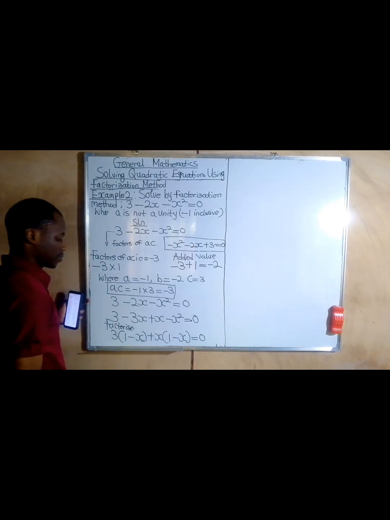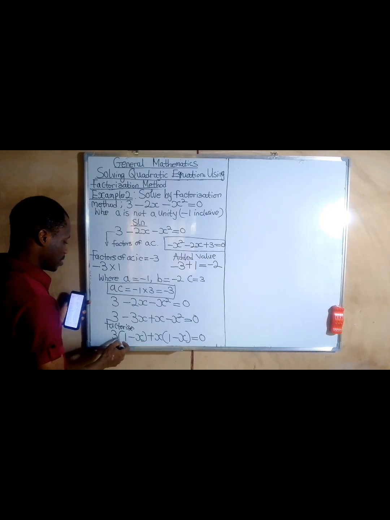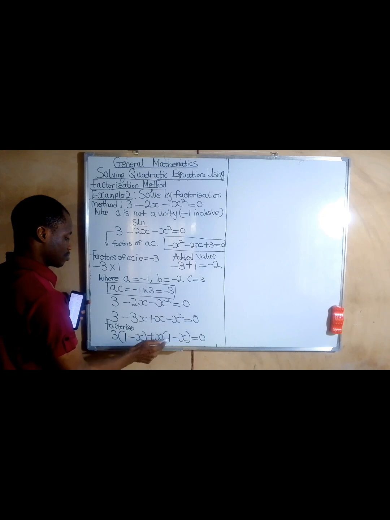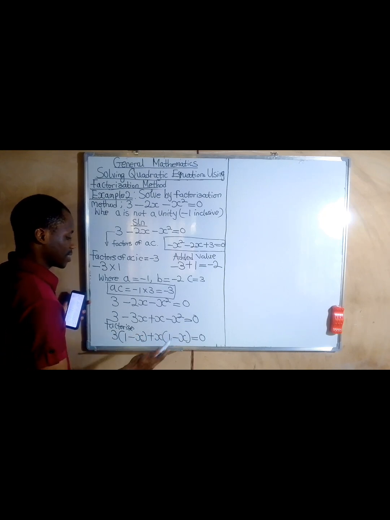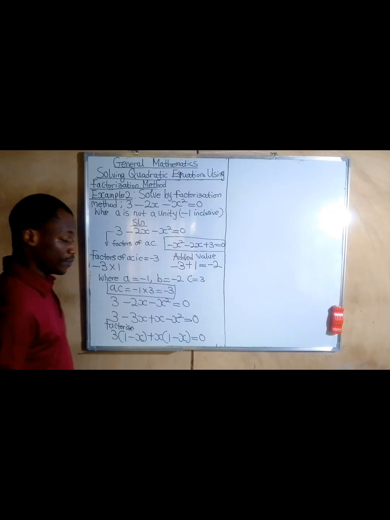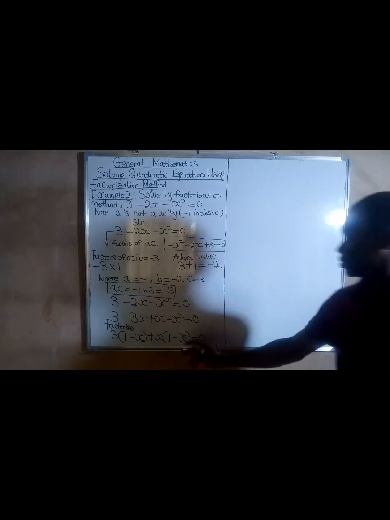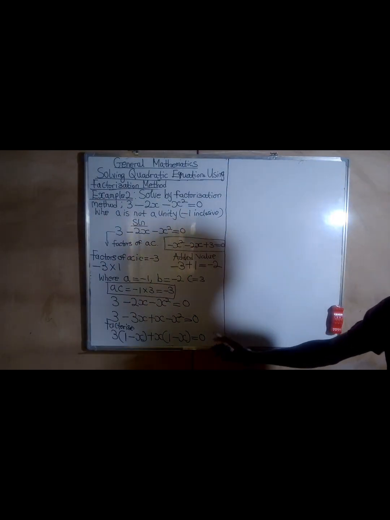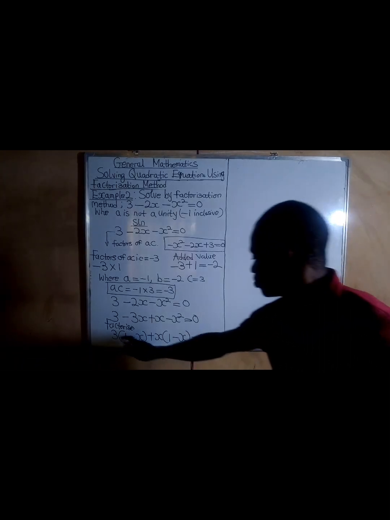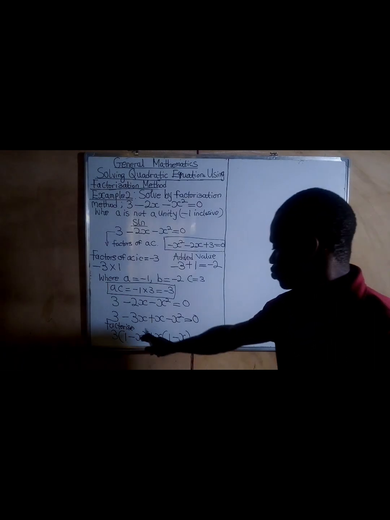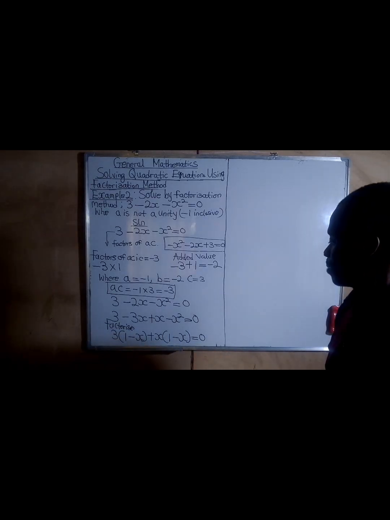equal to what? 0. Now if you agree with me, 3 times 1 is 3. 3 times minus x is minus 3x. Plus x times 1, x. x times minus x should give us minus x squared. So we'll pick 2 common terms here now. The 2 common terms here are the 3 plus x outside, and the 2 common terms inside the bracket 1 minus x.